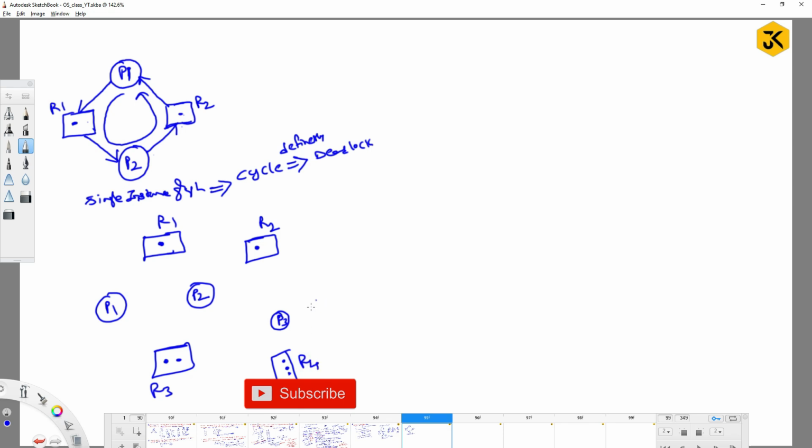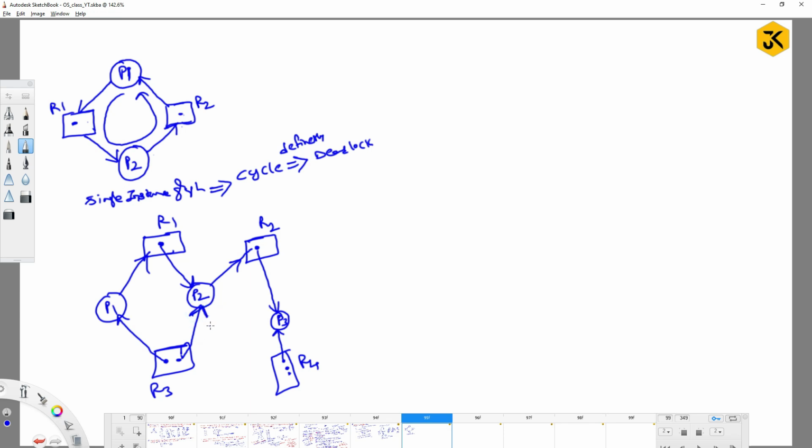Out of these three instances of R4, one will be used by P3 already. Now I am trying to implement the graph like this. Requesting like this, and this is requesting like this.